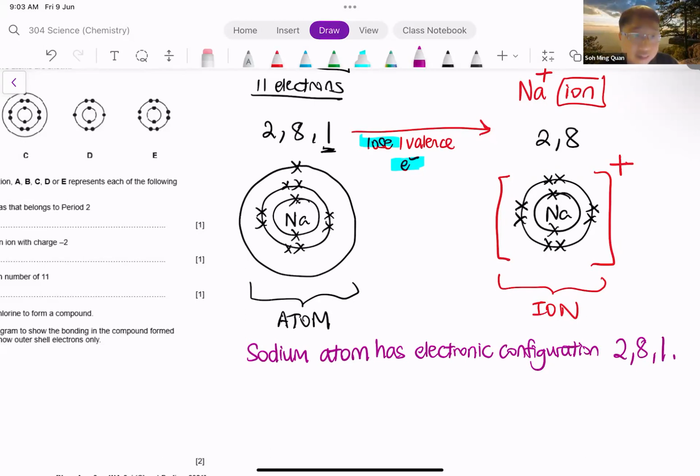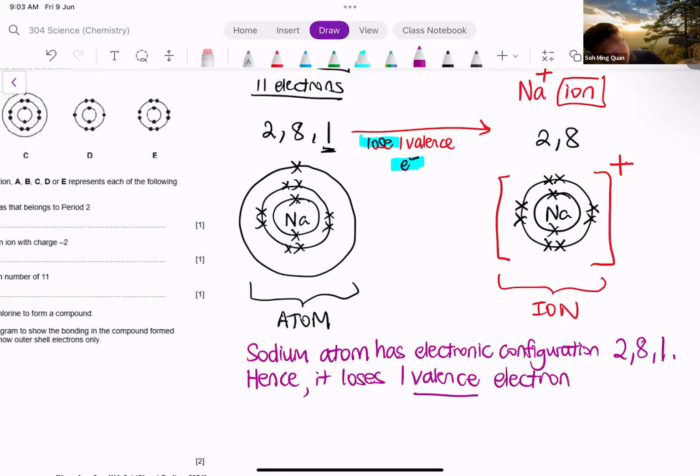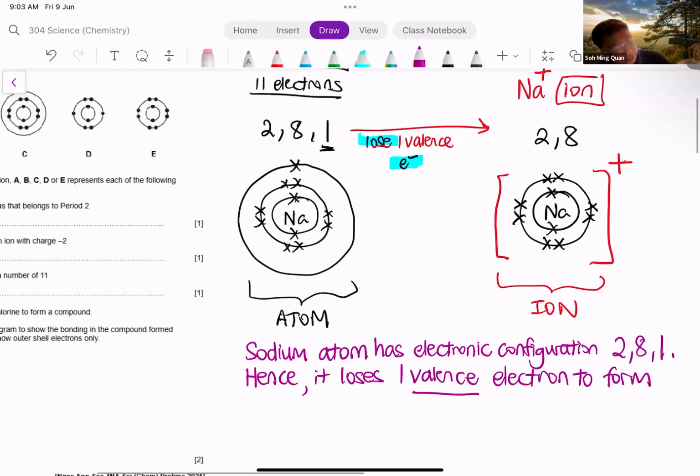The atom has 11 electrons. Hence, it loses one valence electron. It's important to say valence. You will only lose that one electron in the valence or outer electron shell. So it loses one valence electron to form Na plus ion.